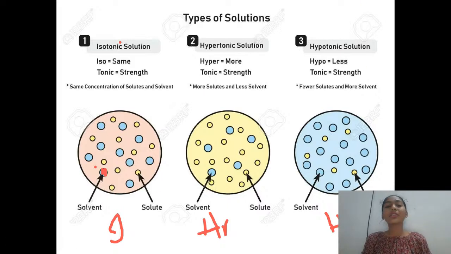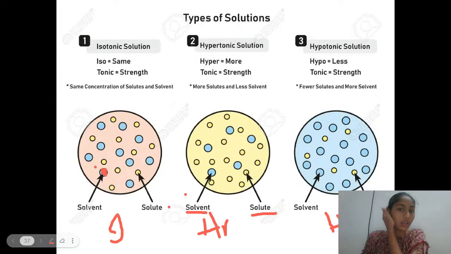Coming to hypertonic solution, hypertonic means you will have more solute than solvent. For example, imagine that the solvent is water, H2O, and the solute is some kind of salt, sugar, whatever you want to take. Let's take salt.